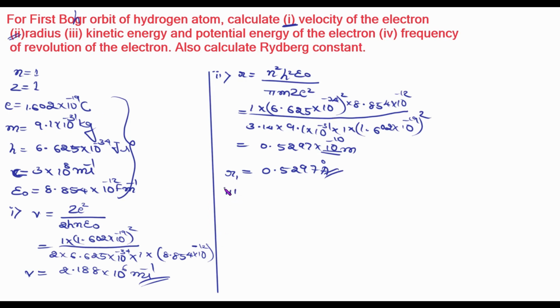Next one, sub question 3. In sub question 3, they are asking you to calculate kinetic energy as well as potential energy. The simple formula for kinetic energy is half m v square, which we have calculated in the derivation, and it is equal to 1 divided by 4 pi epsilon naught, Z e square divided by 2r.